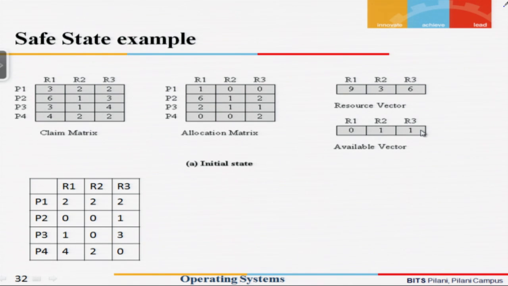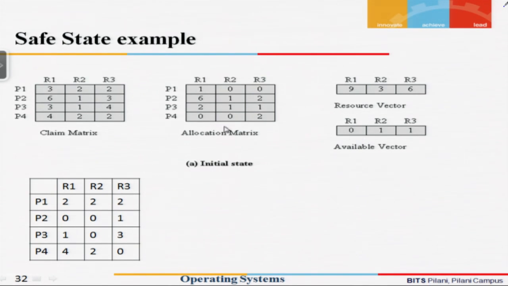Now one should check whether we can meet the requirement of some process or not. We find that P3's request also can be met, because P3 is only requiring 1 0 3, and this will be 6 2 3. So P3's requirement can be met.